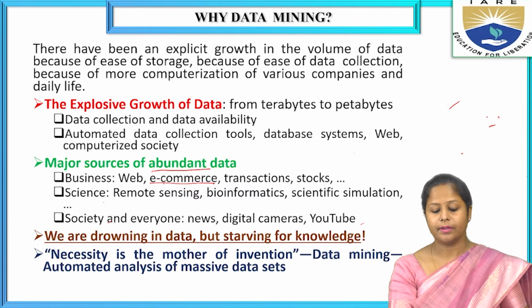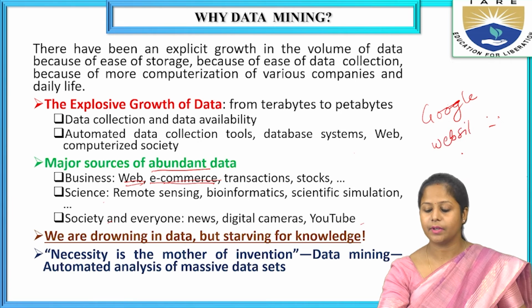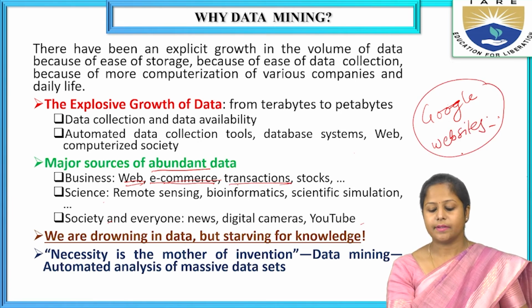We have this e-commerce data and web data. What is web data? The data we use on Google and different websites, and transact. What is the transaction type of data?